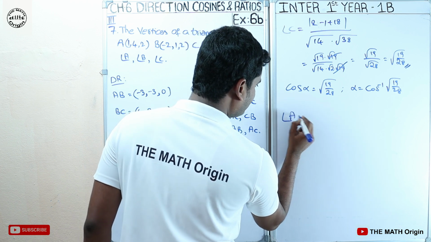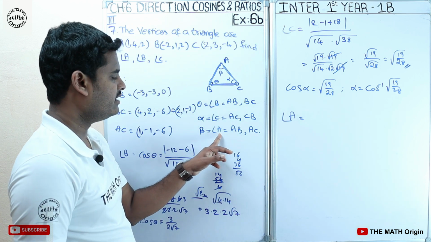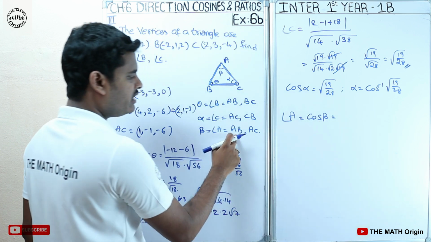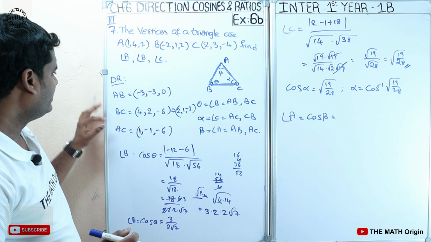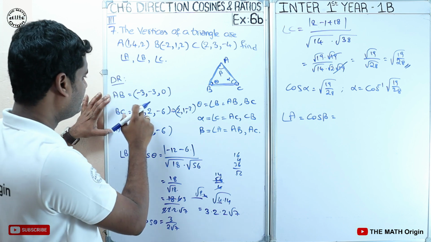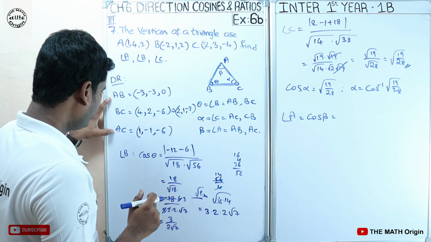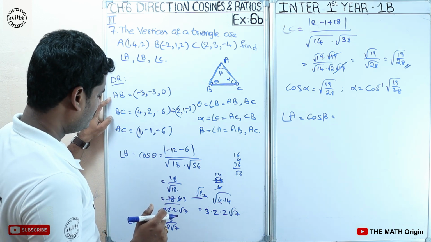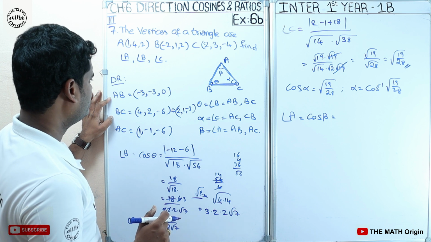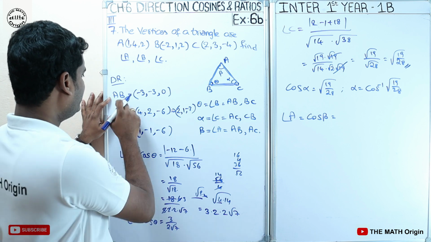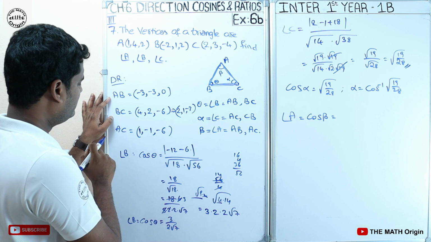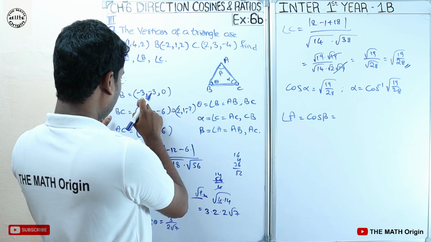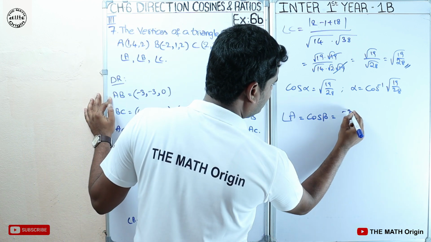Okay, in the same case let's find out angle A. Angle A means cos beta. Okay, cos beta is equal to, AB and AC values are needed. So minus 3 into 1 is minus 3.